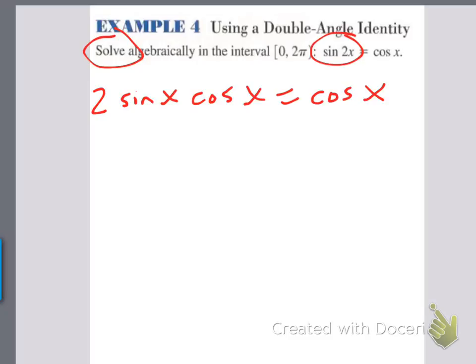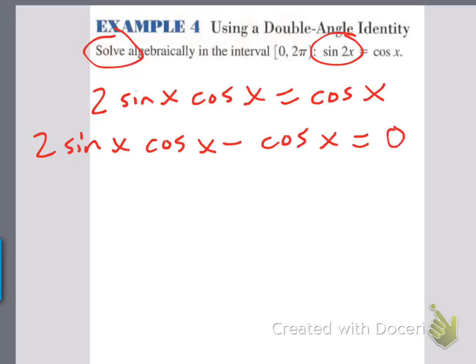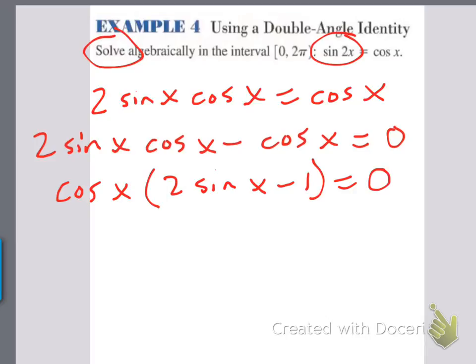So I just took that and changed it. Move the cosine x over from the right. Factor out a cosine x because both terms have it. So cosine of x equals 0, or sine x equals a half.